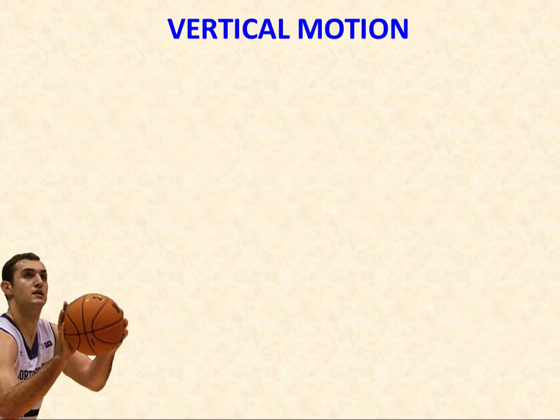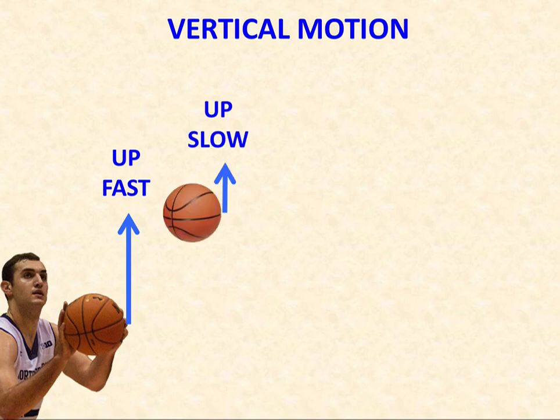Meanwhile, the ball is doing something very different in the vertical dimension. When the player throws the ball and it leaves his hands, at first it's moving up really fast. But gravity soon finds the ball and slows it down until finally the ball runs out of upward velocity, and for just a brief second it will stop as it turns around and prepares to come back down.